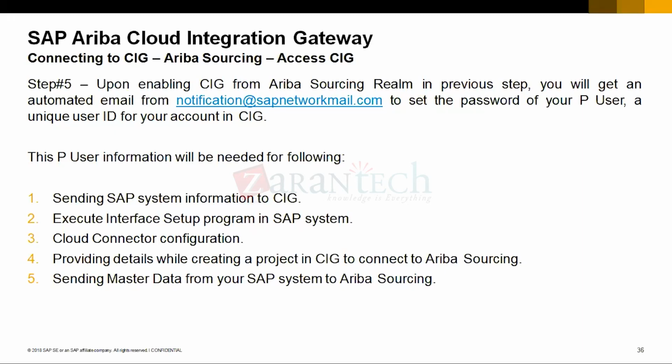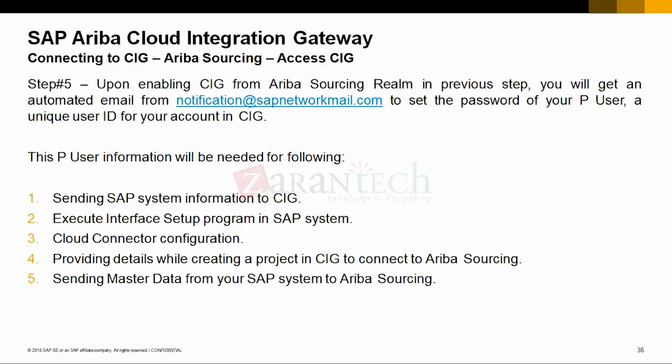Generally, you might have seen that when we create our account or any other user account on Ariba Spend, the recipient gets an email like welcome to Ariba: your user ID is this, temporary password is this, please click here to reset the password.